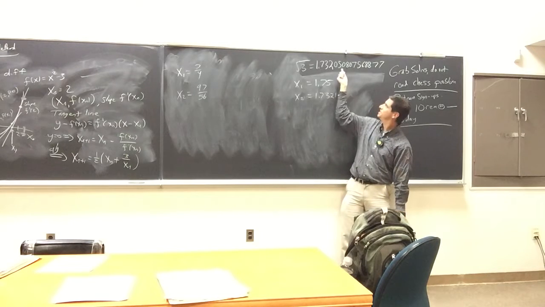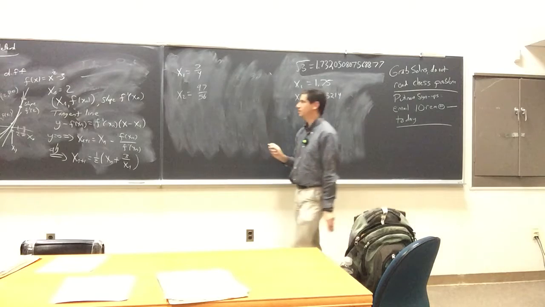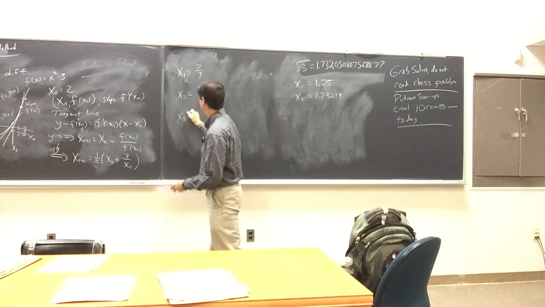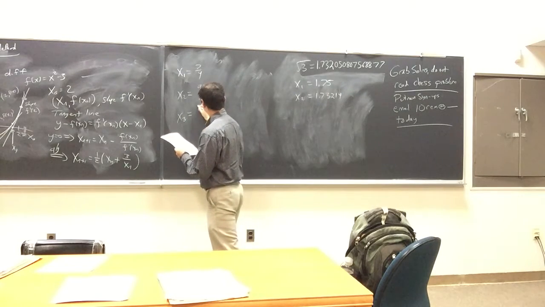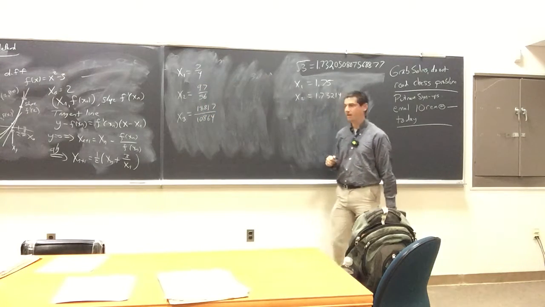Remember, we're off by essentially 9 out of, that's pretty far down. Let's do it one more time. x3 equals 18817 over 10864. And these are not that bad to find. I mean, this is just manipulating rationals.